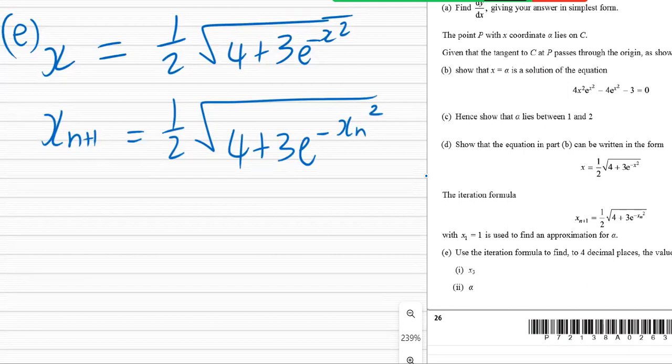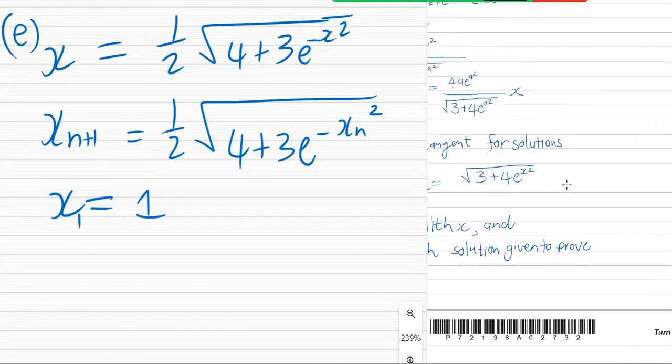So for calculator work, the question gives us that x1 is equal to 1. So our first x is equal to 1, and then it says find an approximation for a, which is the point that we were working with. So we have to use the iteration formula to find the approximation.